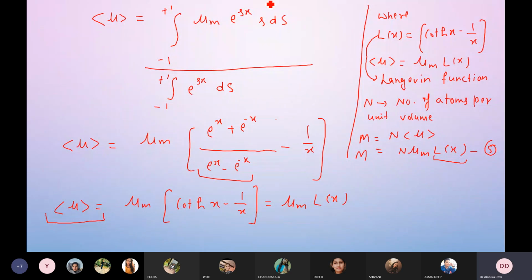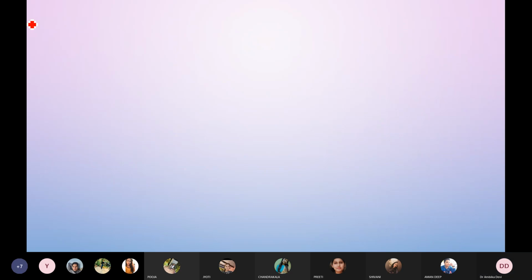And then we talked about the magnetization produced in the material having unit volume and having n number of atoms per unit volume. Okay, so M is equal to n mu, where mu is the average magnetic moment of an atom, and n is the total number of atoms per unit volume.